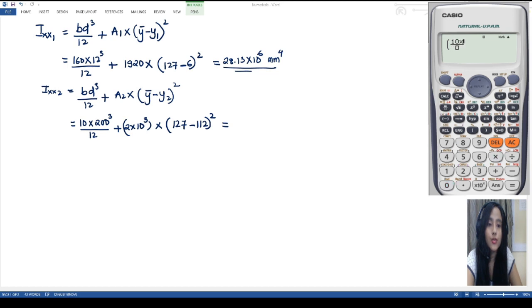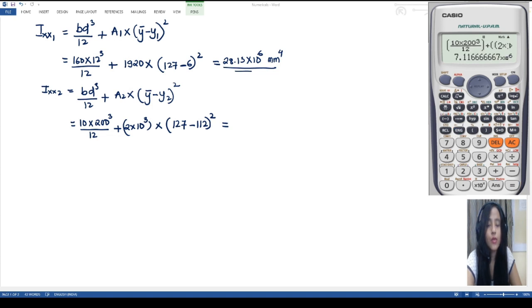10 into 200 cube by 12 plus 2 into 10 raised to power 3 into 127 minus 112 the whole square.